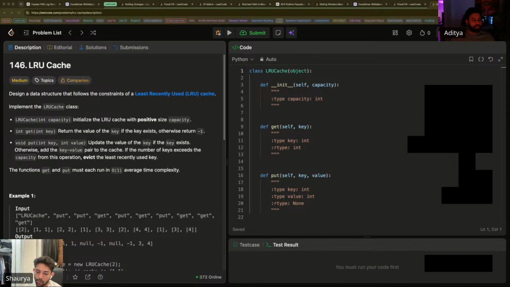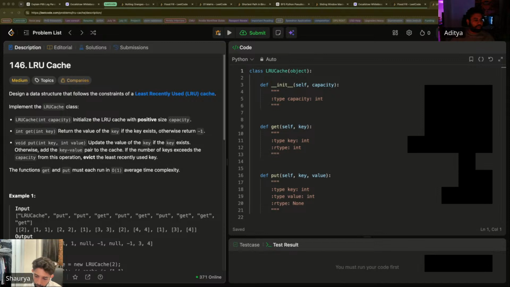So put one. If we do LRU cache, it's gonna be initialized with capacity 2. Okay. So dot capacity equal to capacity. That is one thing we would initialize. And so dot okay, okay.